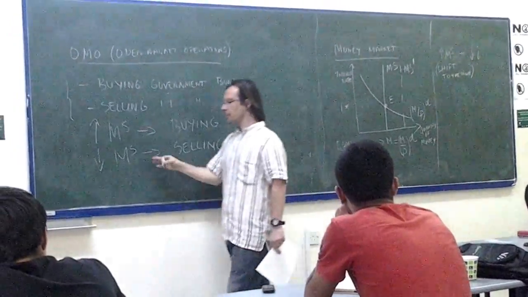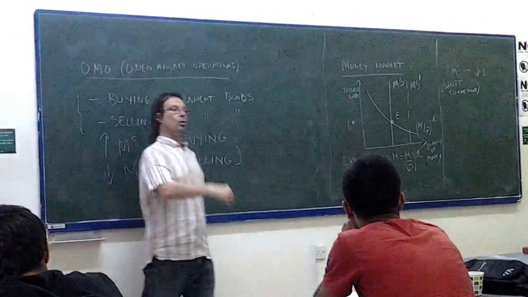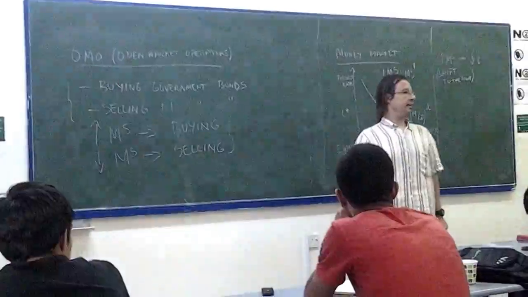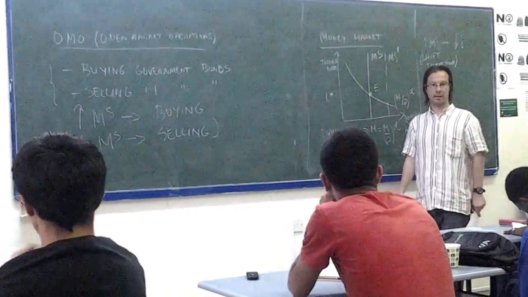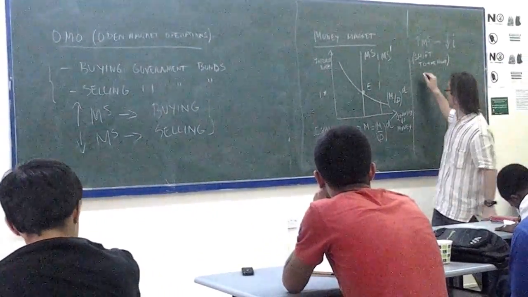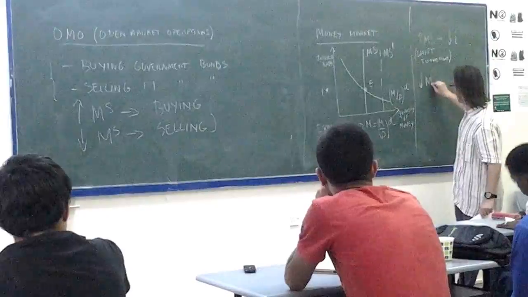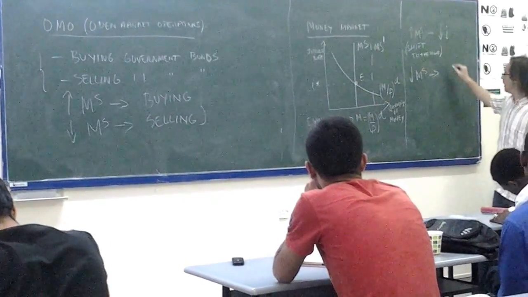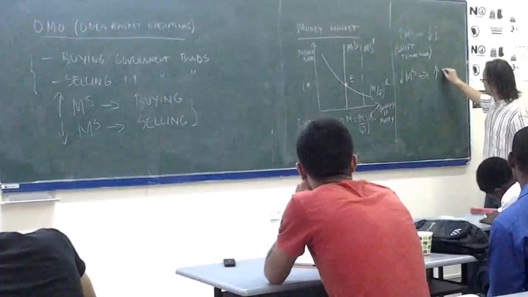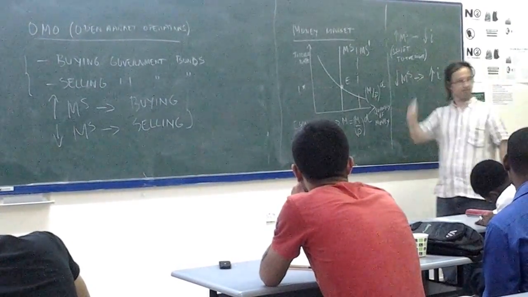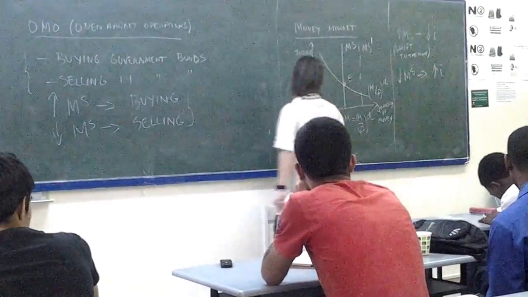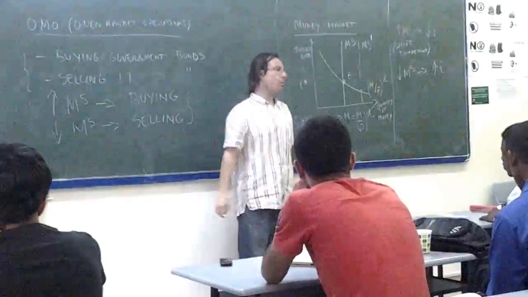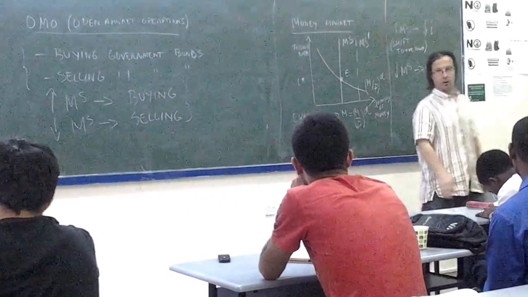Good. What happens if we decrease the amount of money circulating in the economy? If there is a reduction in money supply, the interest rate will increase. So we will reach another equilibrium, of course.